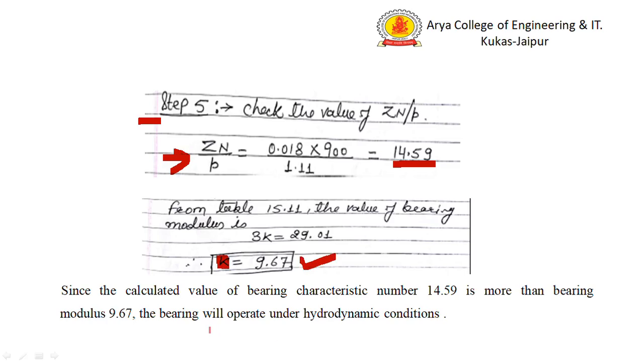We found that the bearing characteristic number 14.59 is greater than the bearing modulus 9.67, so the bearing will operate under hydrodynamic condition.